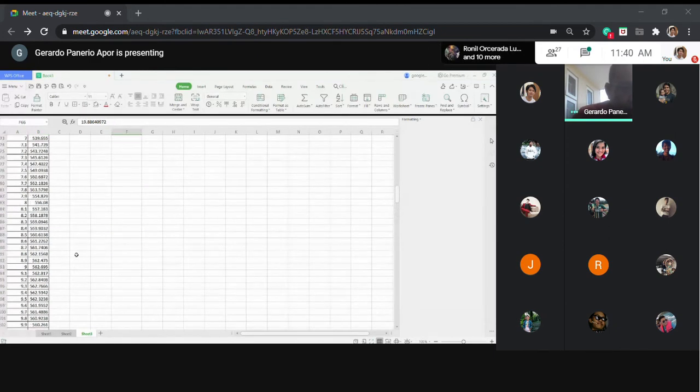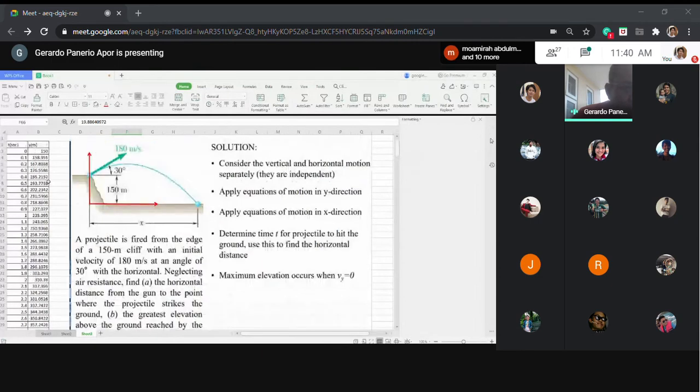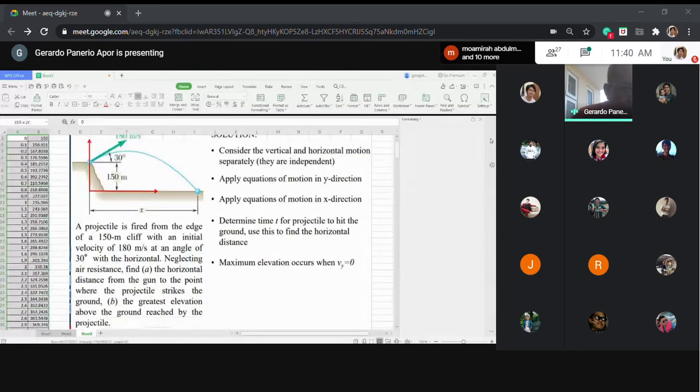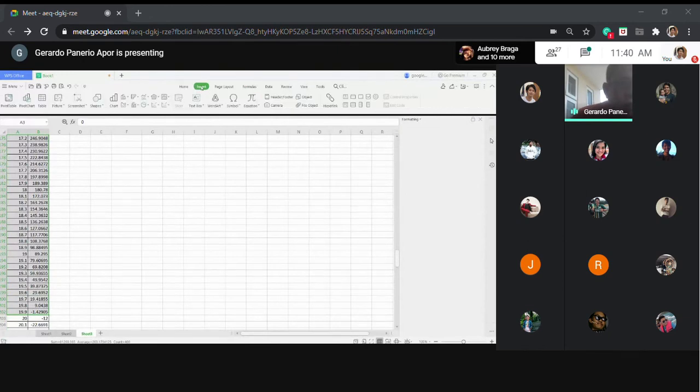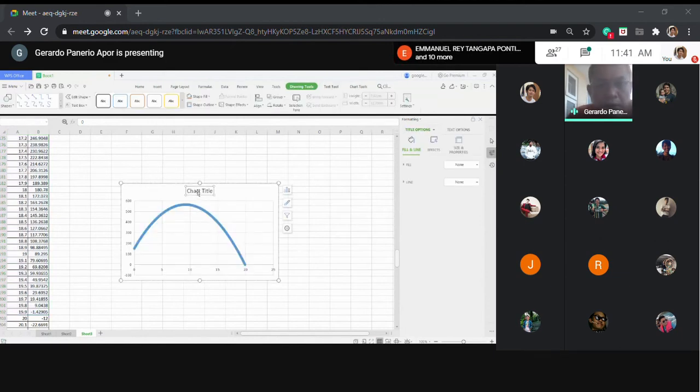And my graph also, if I graph this from 0 to 20 seconds, let's say 19.9, I will insert a graph, y versus time.